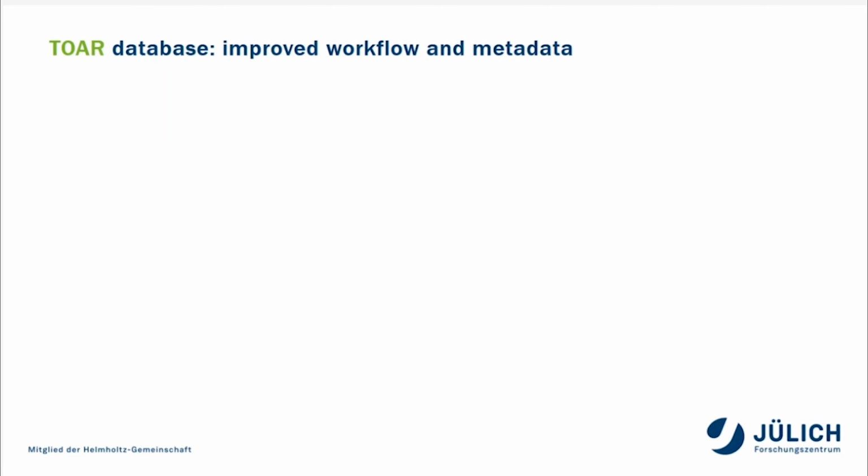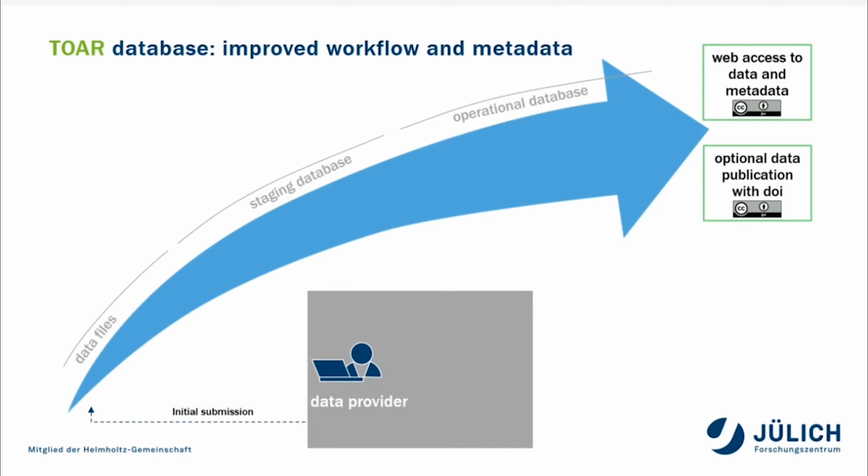We are also working quite a bit on improving the database itself. So this led to an improved database structure already. So the database schema has been completely revised from TOAR 1 to now. And associated with this is also an improved workflow for the data ingestion and metadata. This is now depicted here, where basically data providers send us their data.